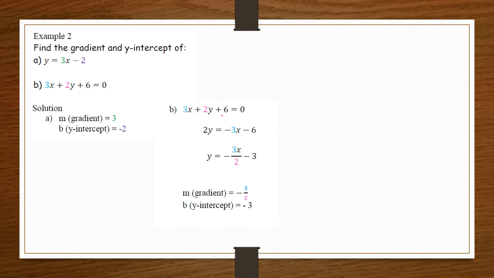So I'll just go through that again. This 3x got taken over to this side. So we subtract 3x from both sides. And the same thing happened with the 6. We took 6 away from both sides. And then from this step, we divided by 2.